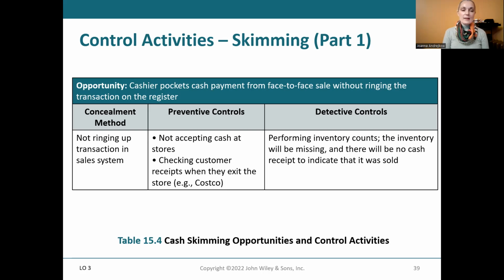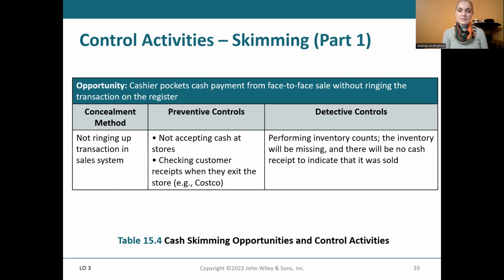So concealment method occurs when an employee does not ring up a transaction in the sales system. Preventative controls that can be used to prevent this type of fraud is not accepting cash at stores or checking customer receipts when they exit the store to make sure that they actually have a receipt and the transaction took place.